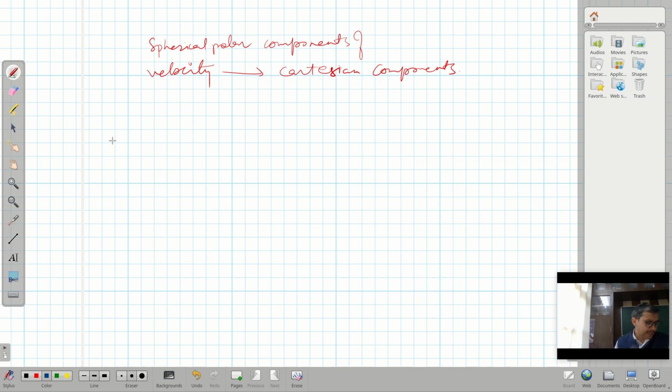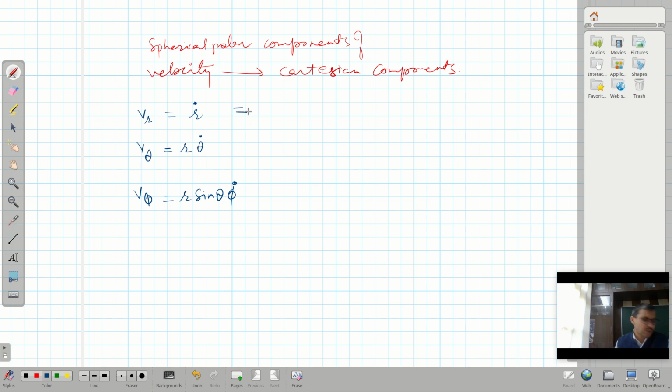As we know, v_r is the radial component, so it is basically r dot. Similarly, v theta can be written as r theta dot, and v phi, the third component, can be written as r sine theta phi dot.